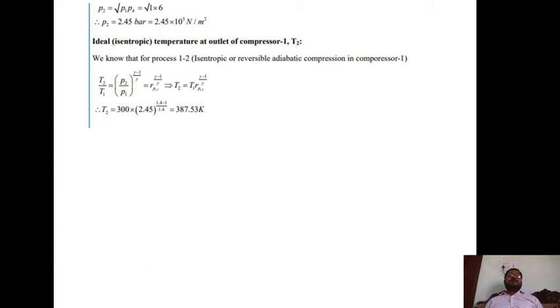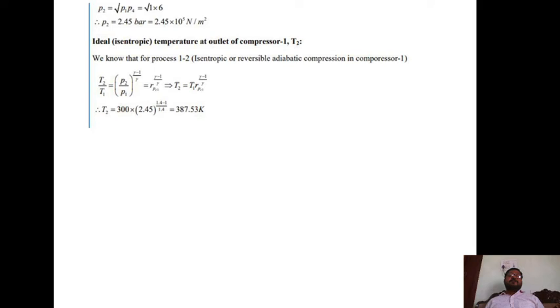P2 is equal to P1 by P2, that is the root of 1 into 6. P2 is 2.45 bar, 2.45 into 10 to the power 5 Newton per meter square. The ideal temperature at the compressor outlet is T2.